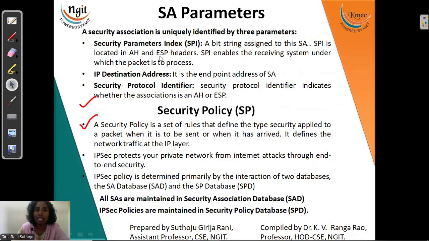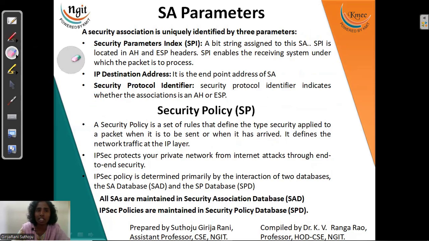The SPI, a destination address and security protocols are a few parameters where endpoint addresses are stored every time. So there we need a destination address, right? The protocol identifier will be associated with AH and ESP already. SPI we just discussed.